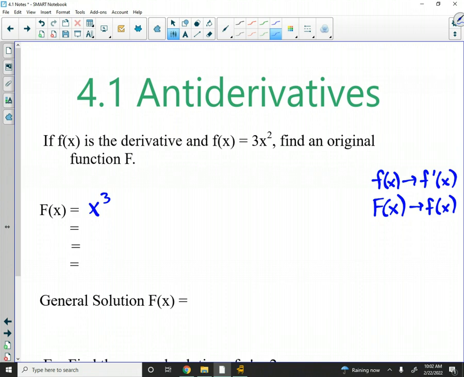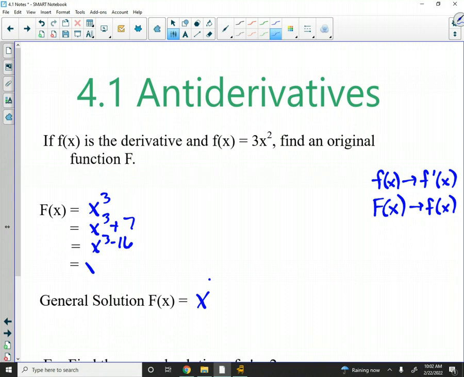What else would we derive to get 3x squared? Oh, jumping right to the end. So would you agree x cubed plus 7 would still be 3x squared? What about x cubed minus 16? Okay, so then, as Riker said, I'm going to skip that last one.